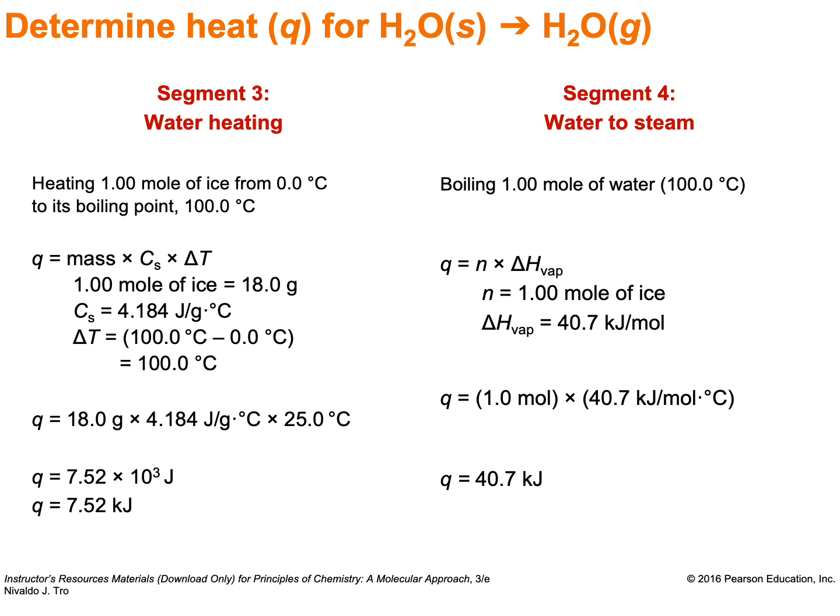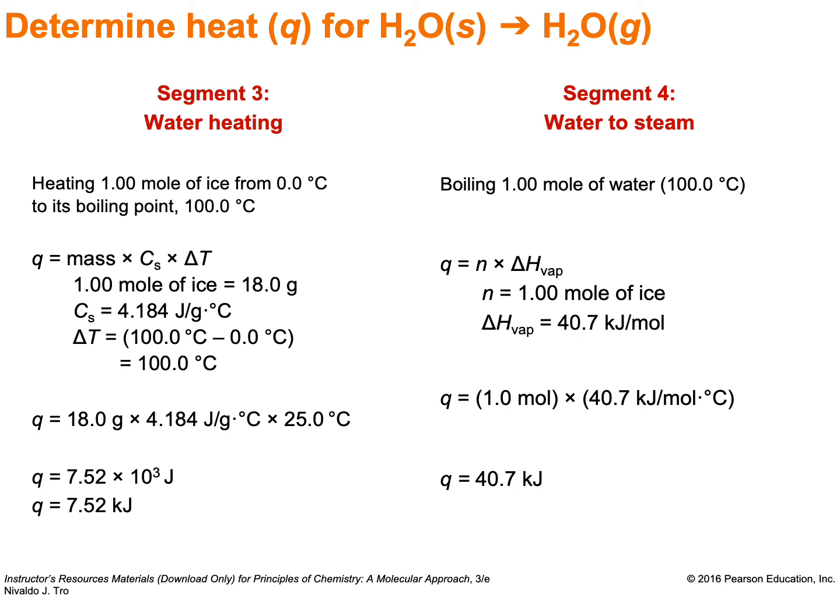We calculate Q by multiplying the mass. If it's 1 mole of water, it's 18 grams, times the specific heat of water in the liquid phase. That's different than water in the solid phase. And then we multiply that times the change in temperature, which is 100, and we get 7.52 kilojoules.